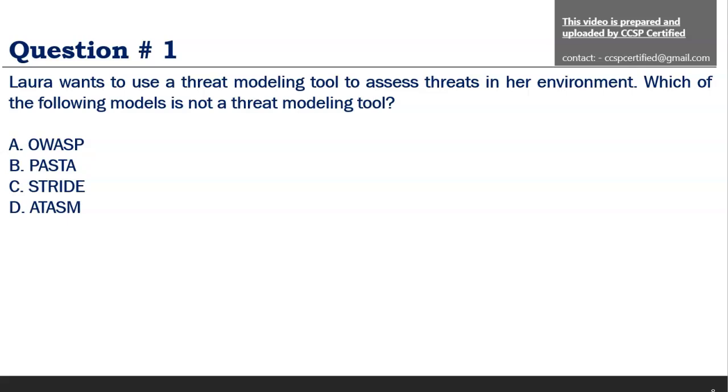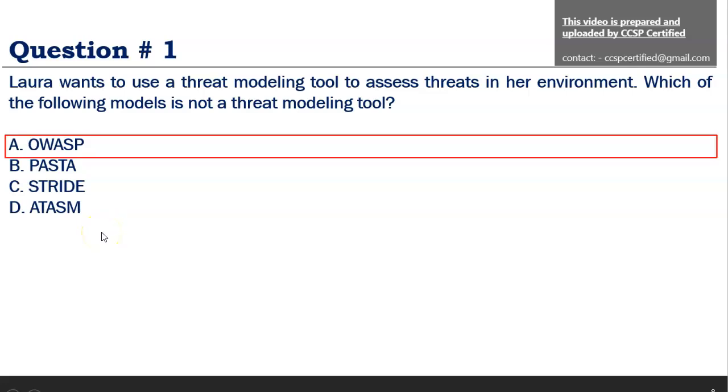Whenever you attempt these questions, my suggestion is to pause the video, read the question and try to attempt it, then see my answer, because in my video I will not be able to give you enough time to think, but you can pause the video whenever you attempt it from your end. So we have seen that PASTA is one, STRIDE and ATASM are models.